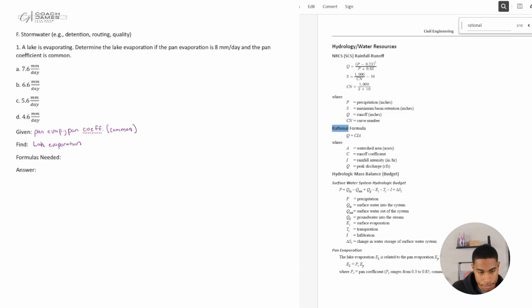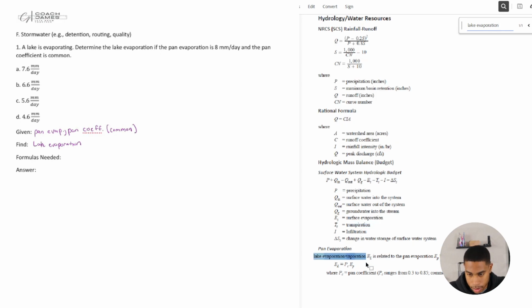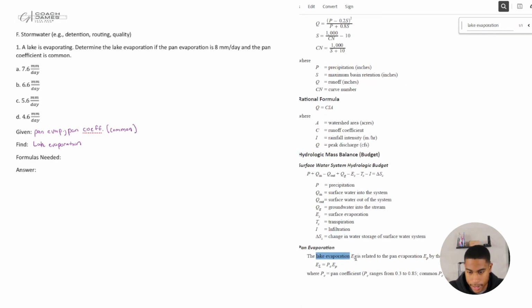Okay. So I'm just going to search lake evaporation. Okay. One thing comes up. Cool. So I go look at this. The lake evaporation EL is related to the pan evaporation by the expression. Okay. So EL is equal to PC times EP. And what is PC?